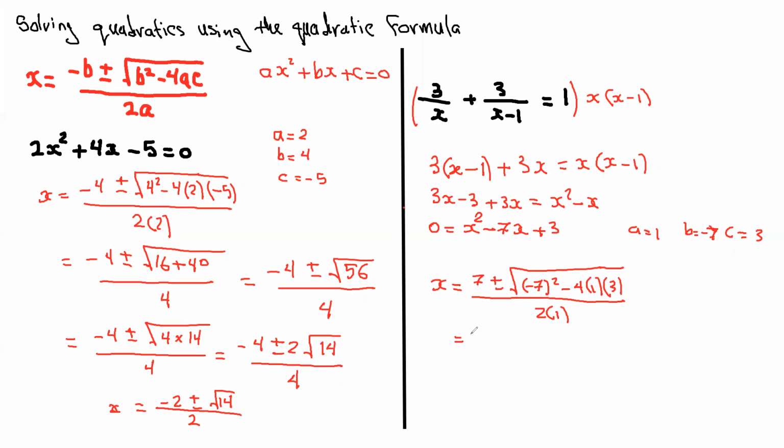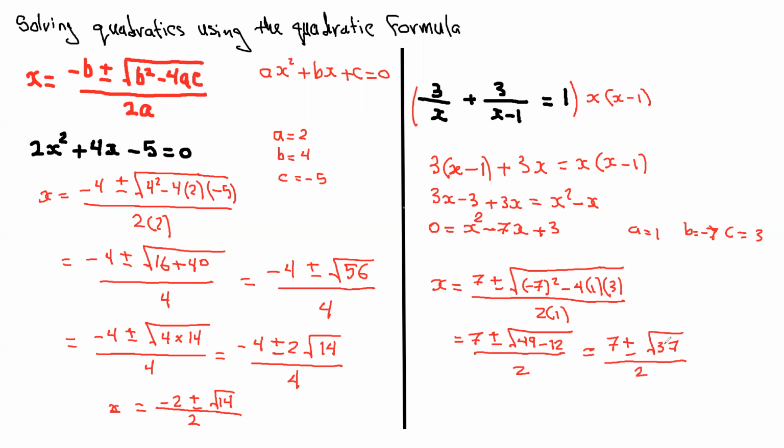This will give me 7 plus or minus the square root of 49 minus 12, all over 2, which is 7 plus or minus the square root of 37, over 2. And that's as far as we could get.